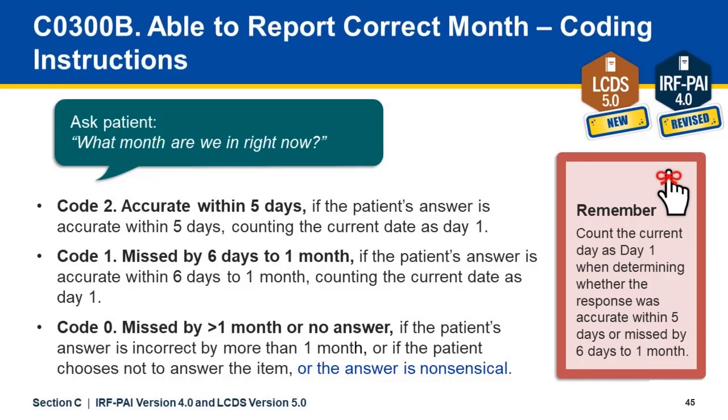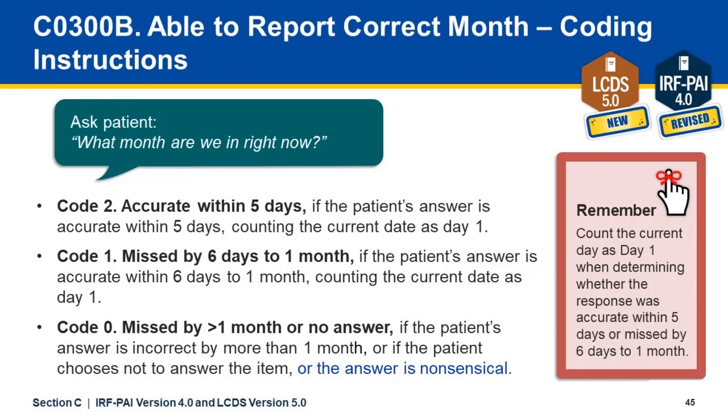And consider these responses. Code 2, accurate within 5 days, if the patient's answer is accurate within 5 days, counting the current date as day 1. Code 1, missed by 6 days to 1 month, if the patient's answer is accurate within 6 days to 1 month, counting the current day as day 1.